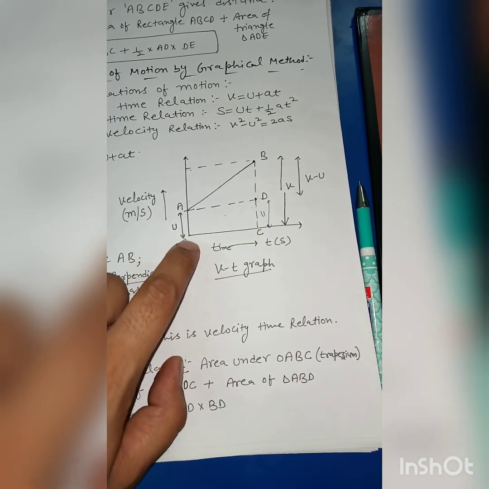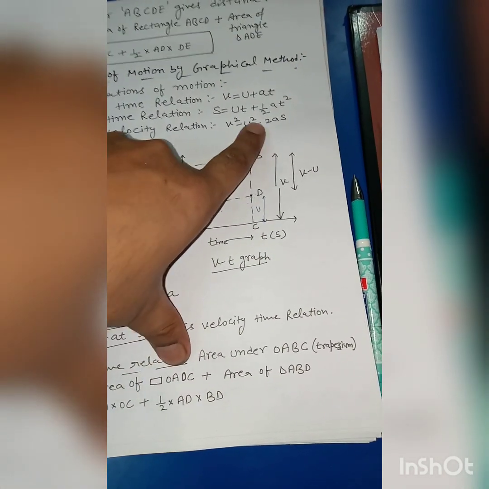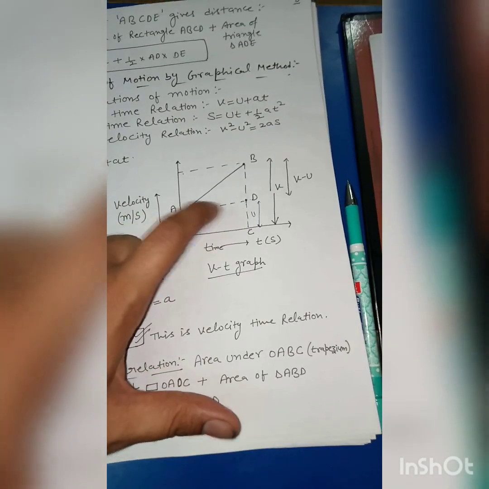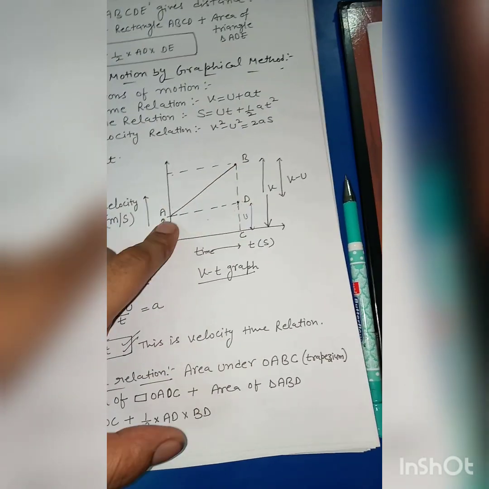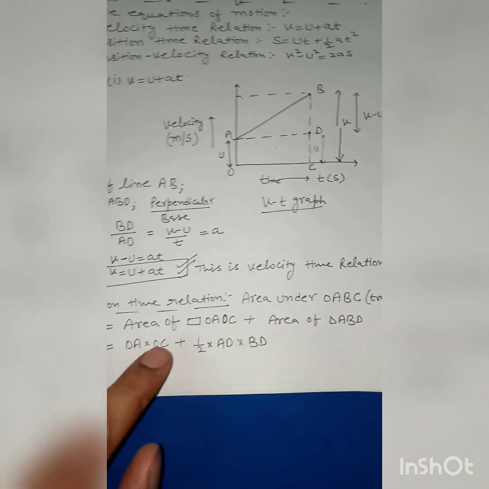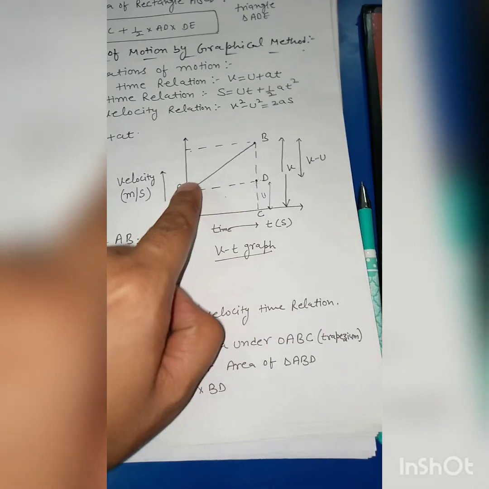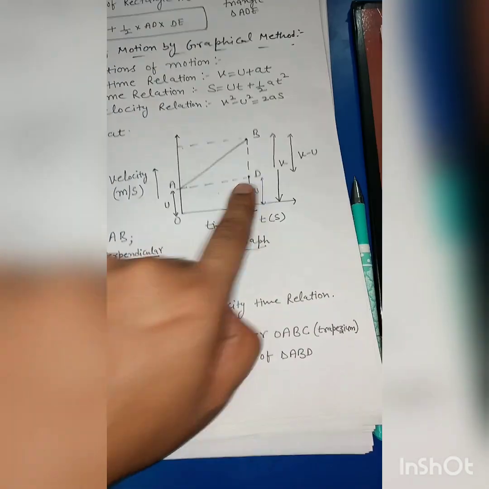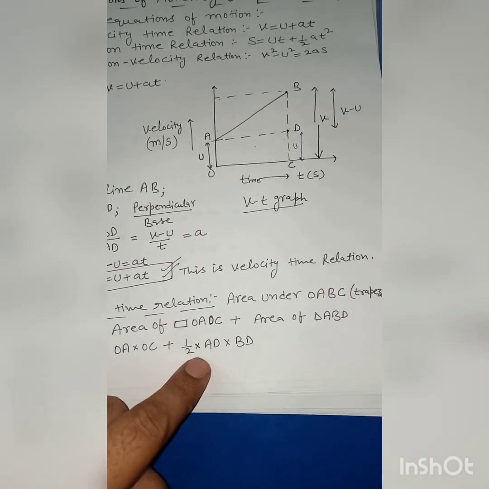So the area under the line OABC is the shape of a trapezium, and it is the combination of a triangle plus a rectangle. First calculate the area of the triangle, then the area of the rectangle, and put in the values. Now S equals area of rectangle OADC plus area of triangle ABD: rectangle length into breadth, plus triangle half into base into height.